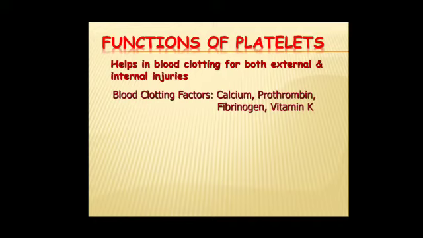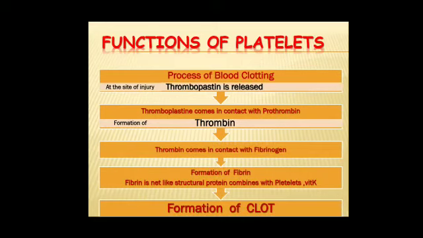Now friends, we will see the process of blood clotting. When there is any injury, at the site of injury, thromboplastin is released, and when this thromboplastin comes in contact with prothrombin and calcium, thrombin is formed. And when this thrombin comes in contact with fibrinogen, fibrin is formed.